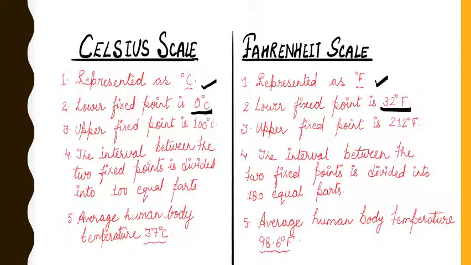The upper fixed point in the Celsius scale is 100 degrees Celsius, and in the Fahrenheit scale it is 212 degrees Fahrenheit.